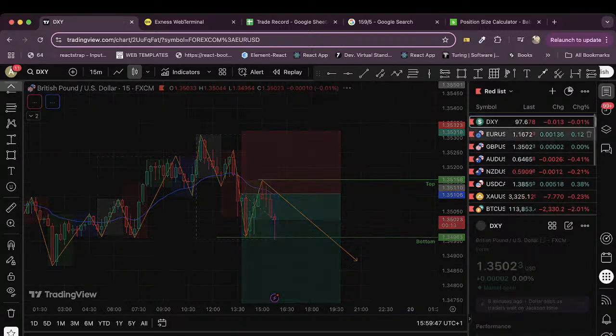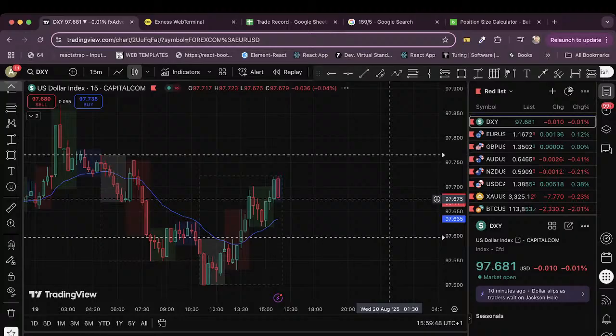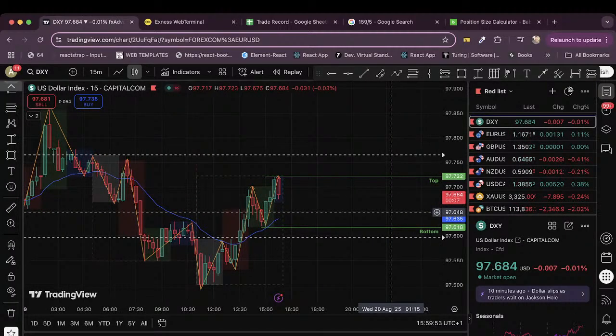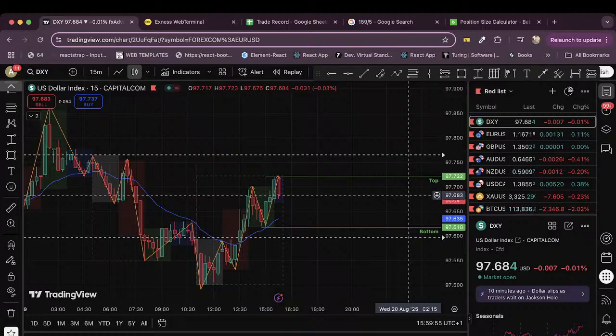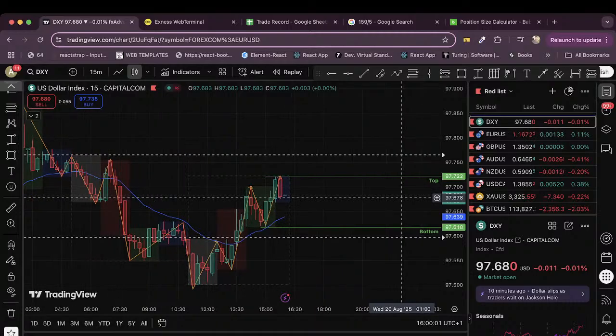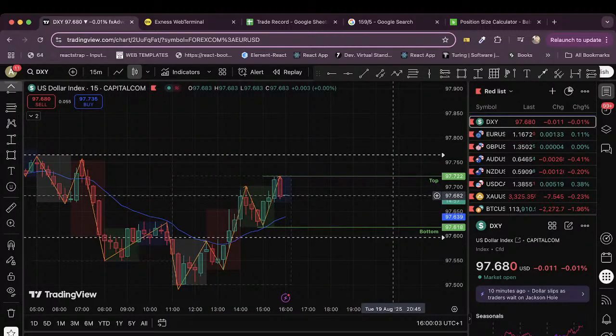On the other side now, let's see the follow-up candle. The follow-up candle is going to determine what we'll do next. So the next candle has started printing. It would be nice for DXY to not trade below.